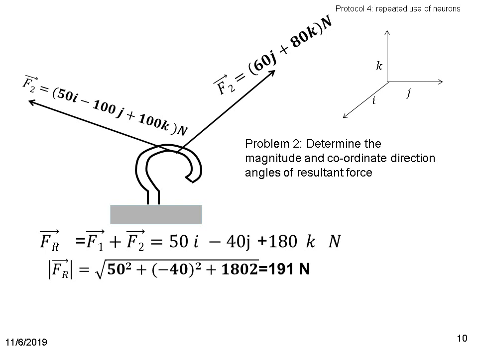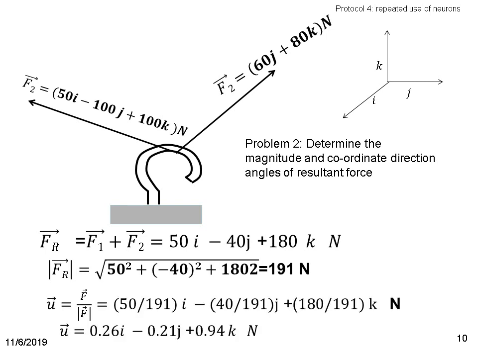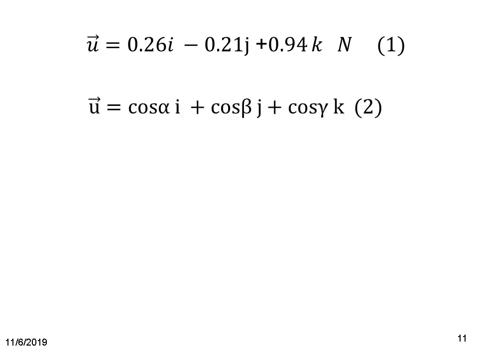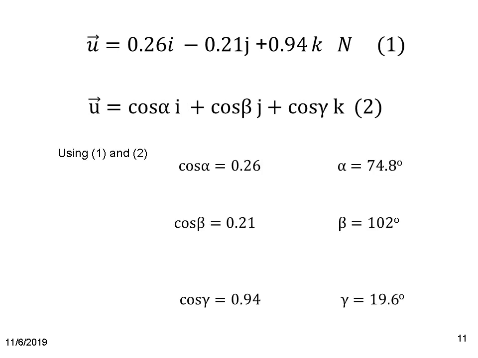Then find its magnitude, and then find the unit vector by dividing the force by its magnitude. Since the unit vector is the same as cos alpha i plus cos beta j plus cos gamma k, we can find the angles by equating the coefficients of i, j, and k respectively of equations 1 and 2.